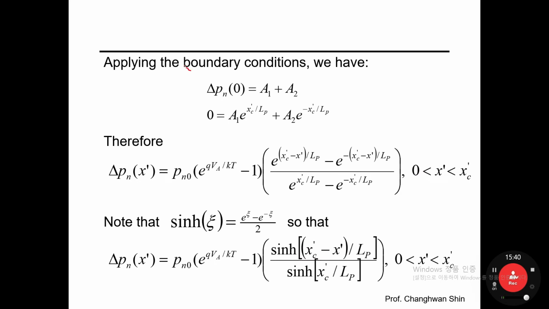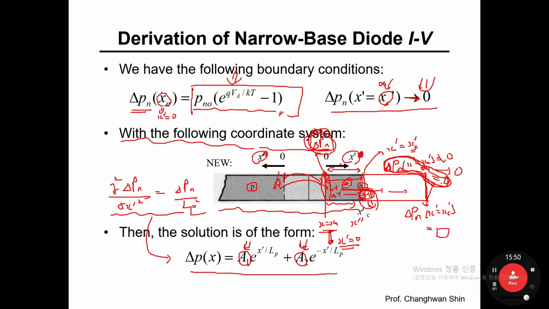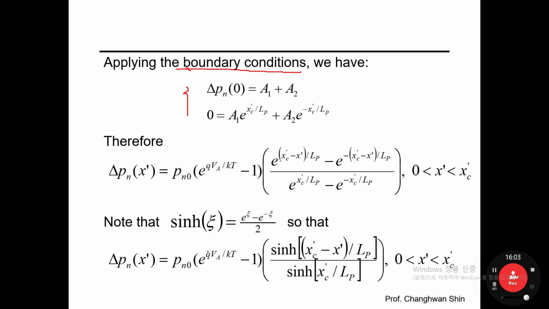So applying those two boundary conditions, we can have two equations. The first one comes from plugging in the x prime of zero value here. 0, 0, and 0. Okay, then you're gonna get this.